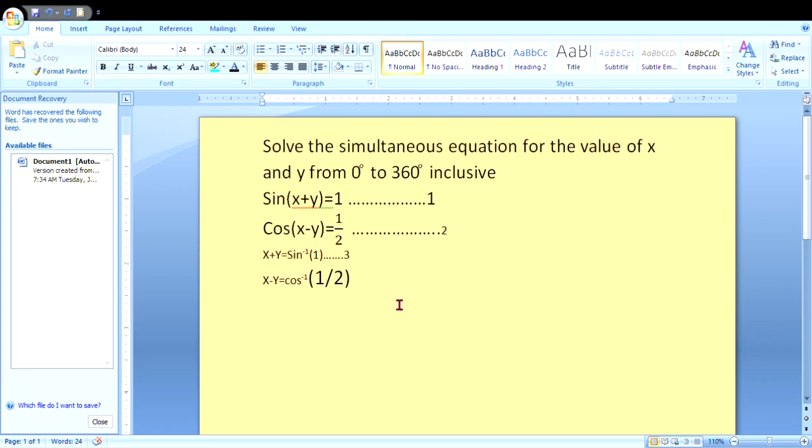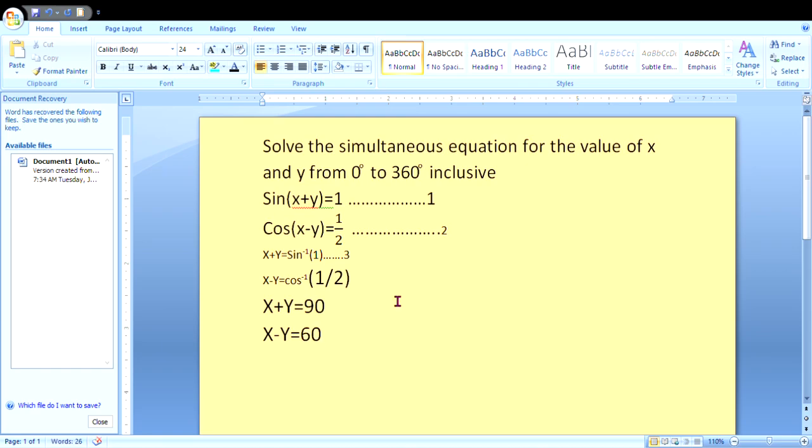So here our equations become x plus y is equal to 90 degrees, and x minus y is equal to 60.